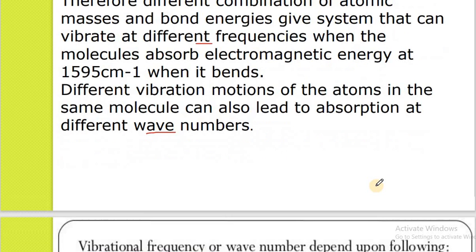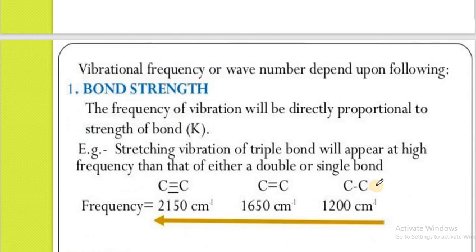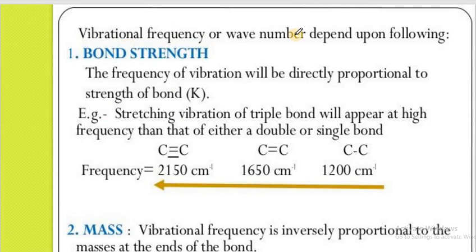And we can explain this in detail. We can say that vibration frequency or wave number depends upon bond strength, that is the bond present between the atoms of a molecule, and it is directly proportional to the strength of the bond. For example, take the triple bond in an alkyne, C triple bond C, and C double bond C and C single bond C. The triple bond is strong and will have a higher frequency than the double, and the double higher than the single.